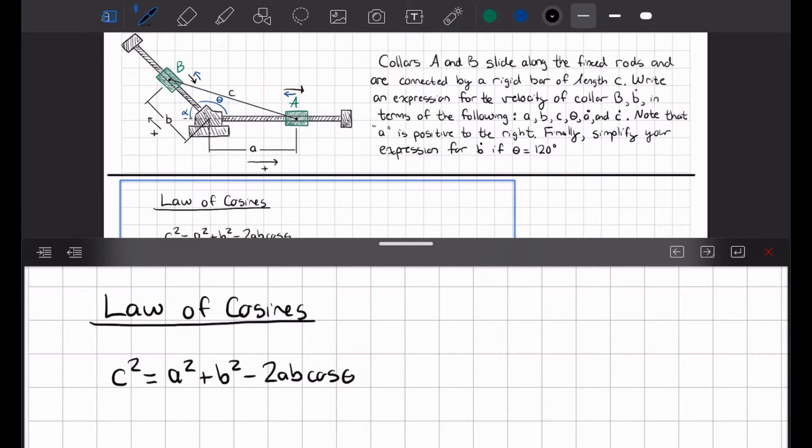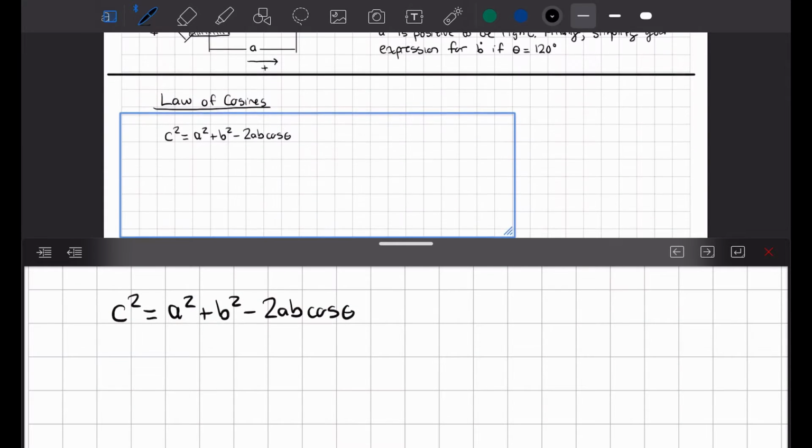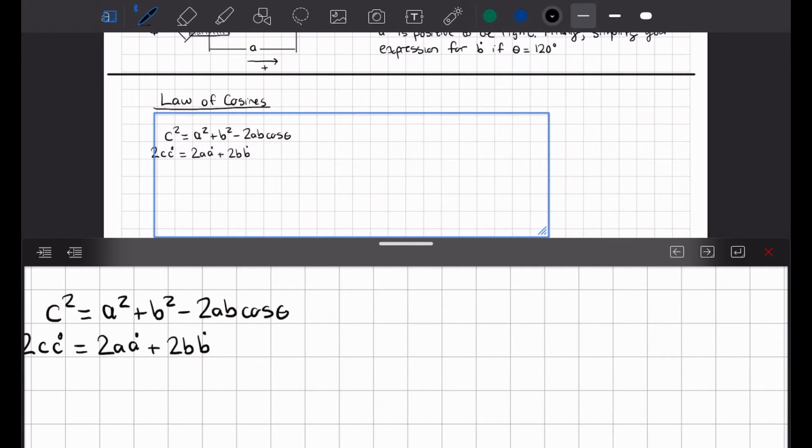But we're interested in the velocity. Specifically, we want to get b dot. So if we go ahead and take the derivative of this entire expression, we can get a new expression. Following the chain rule, we have 2c dot is equal to 2a dot plus 2b dot. And now we have this minus term over here.